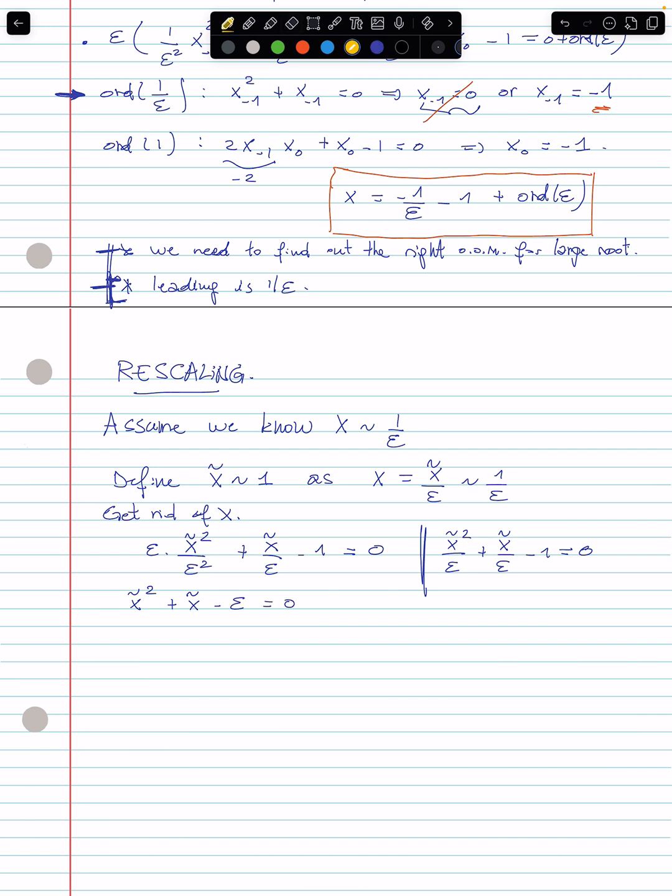And this is the new problem we want to solve. We're going to solve this problem for x tilde, and when x tilde is obtained, then we can compute x just by returning to the definition of x tilde. Okay, this is a rescaled version of the problem.